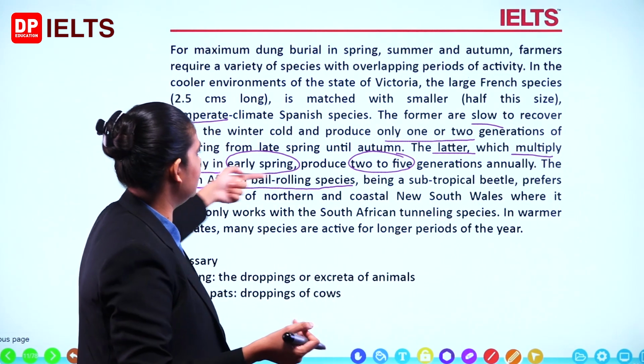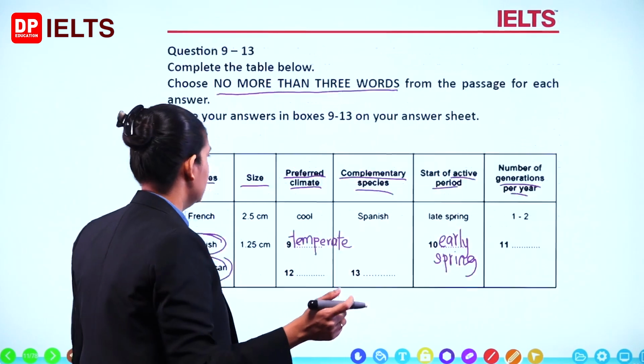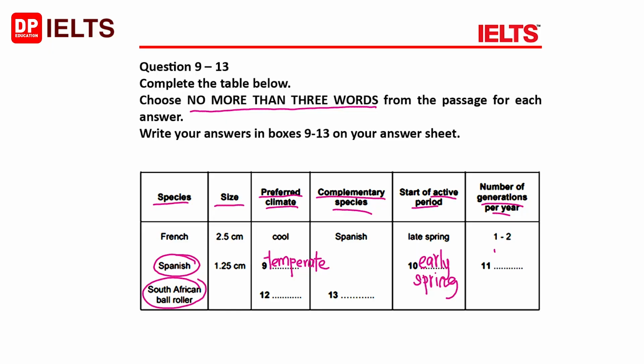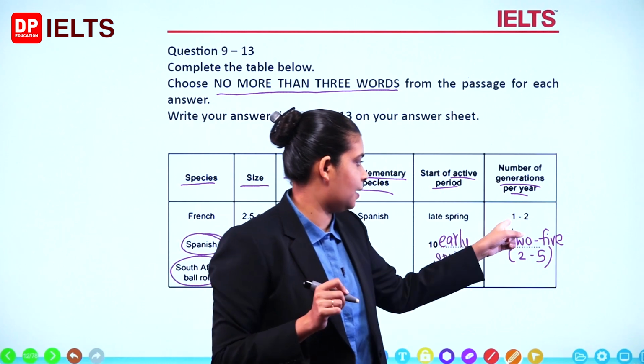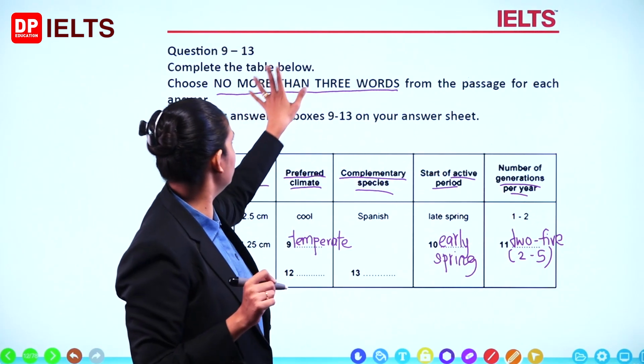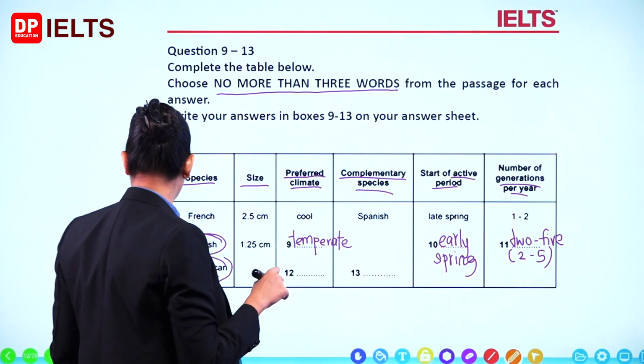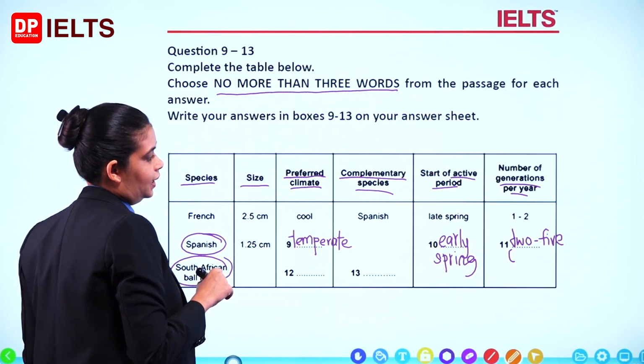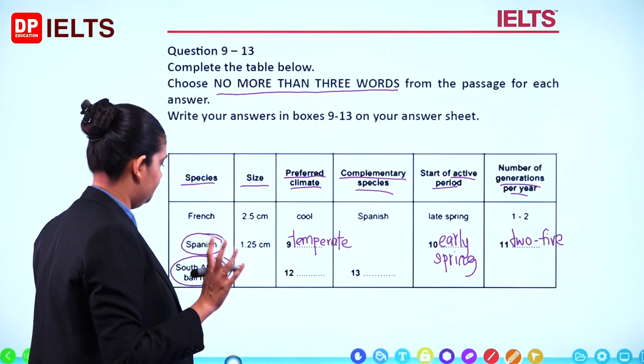Actively means rapidly, 2 to 5, right? So off you go, 2 to 5. If you write this, they will not mark it wrong because there are numbers here, but I'd like to follow the instructions. Choose no more than 3 words, and that's why I'd like to keep it with words only.